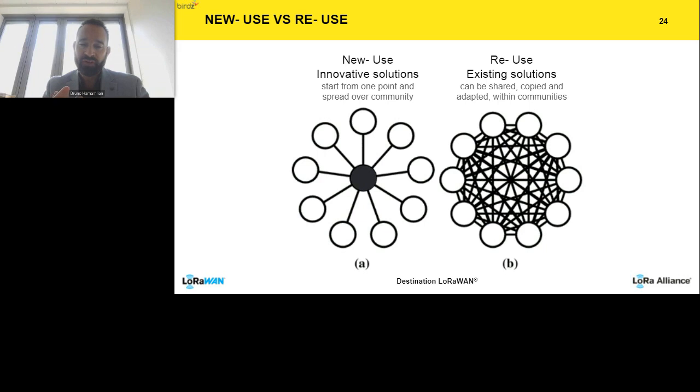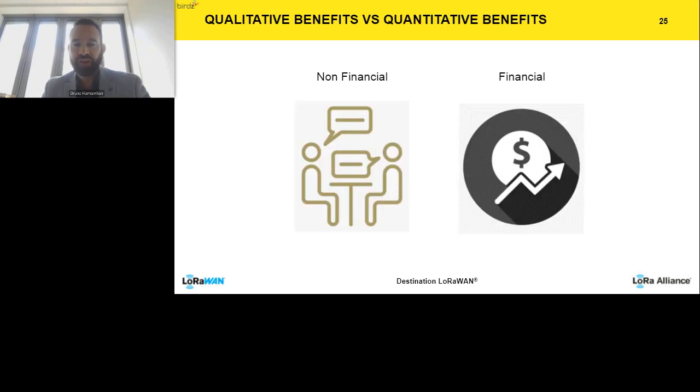So there is one part of the benefits that can be brought by innovation, and another part that can be brought by the adoption rate of a client using properly the LoRaWAN solution you are providing to them. To that extent, there is also a second category of benefit that we need to look into.